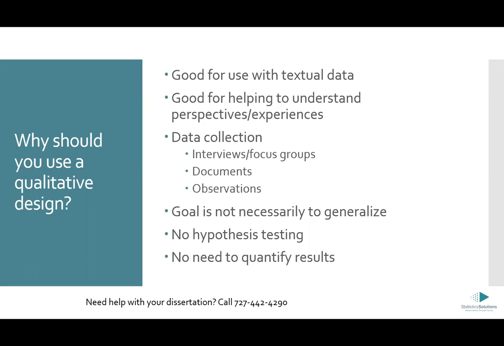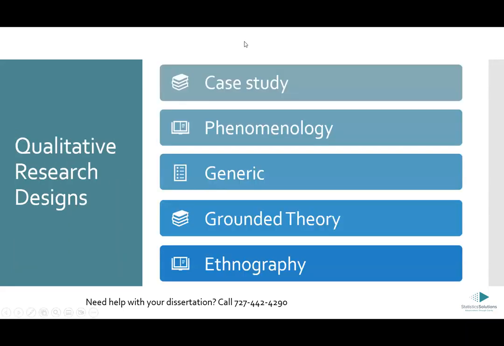So we're going to explain what the participants said, and then refer to the literature that's been conducted to conclude whether or not your findings are in line with previous literature or if you are finding something new or different. So the qualitative research designs that I will review today are case study, phenomenology, generic qualitative, grounded theory, and ethnography.